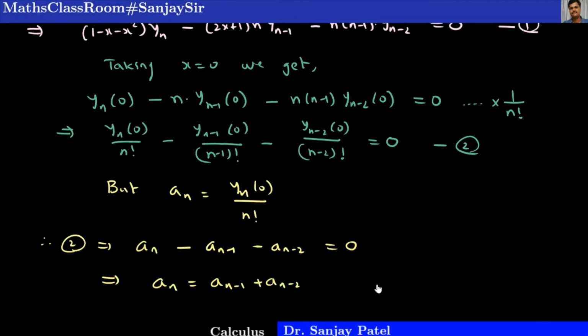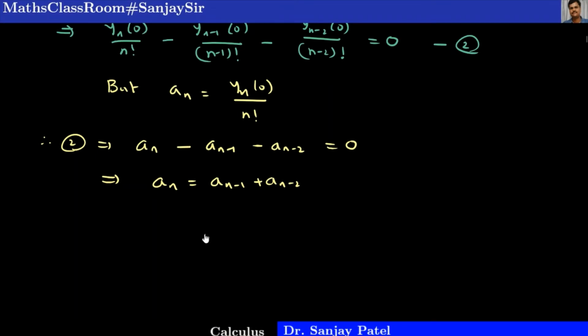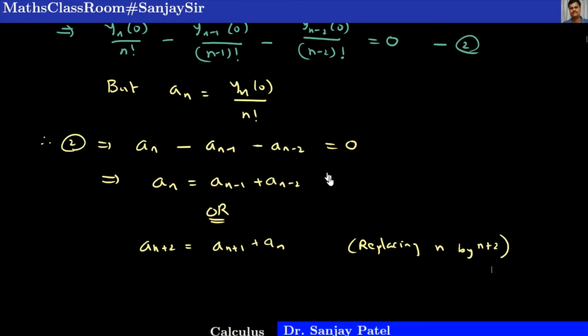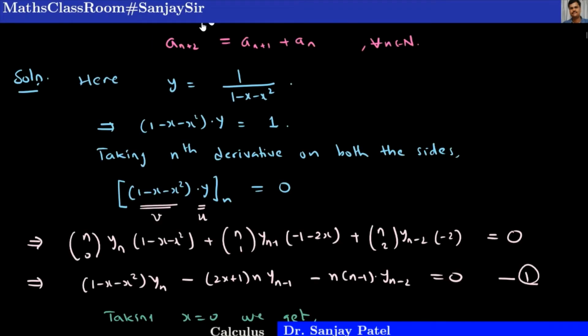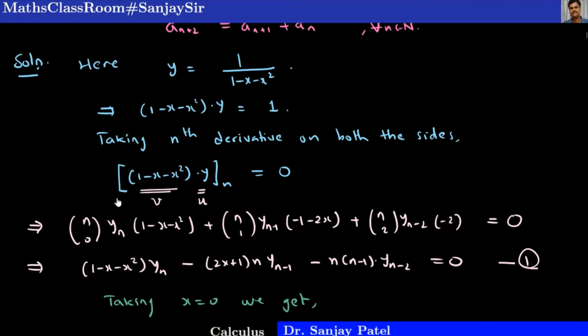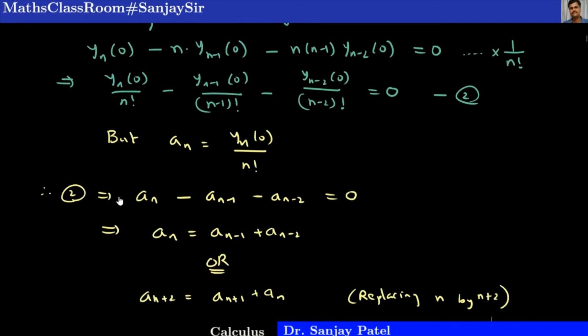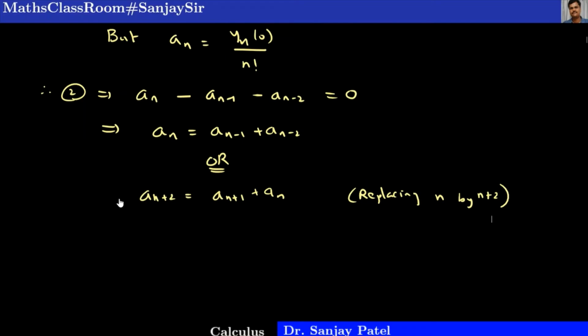You can replace n by n plus 2, and rewrite this as an plus 2 is equal to an plus 1 plus an, and then we'll get the required result, that is this thing. Okay, fine. So this completes this problem.